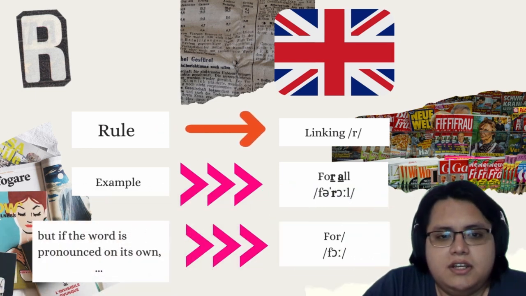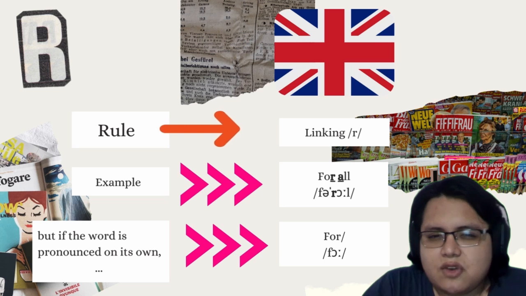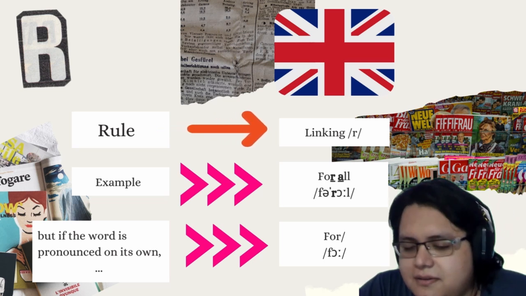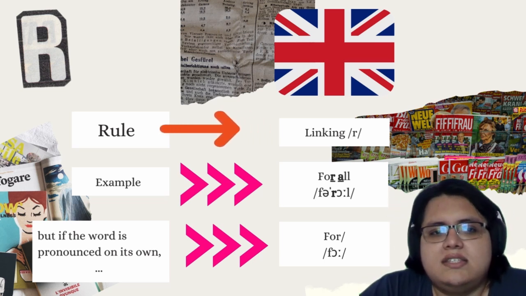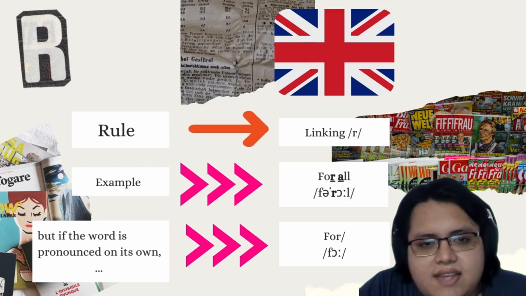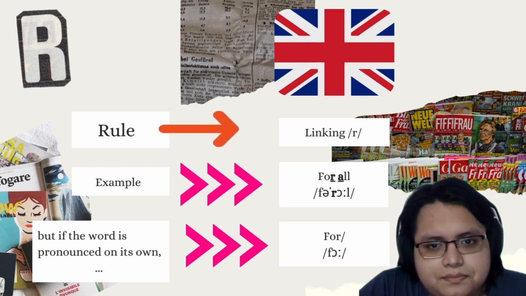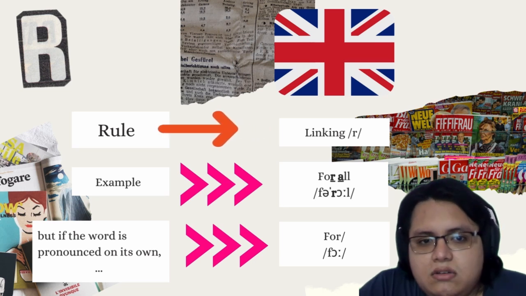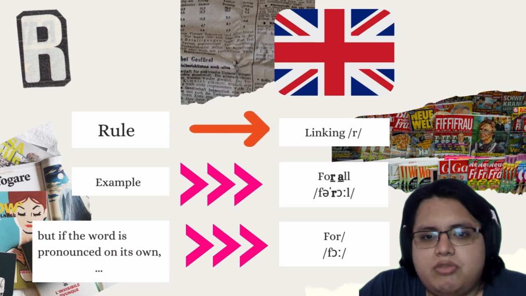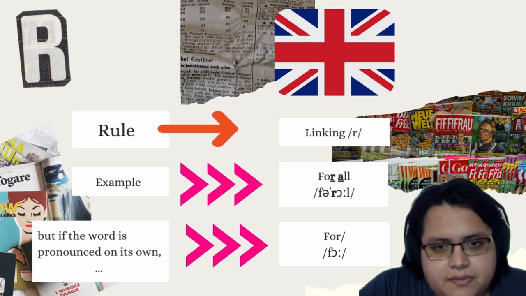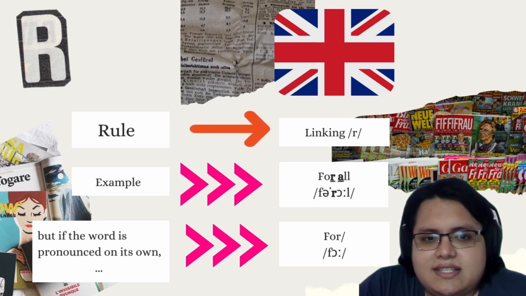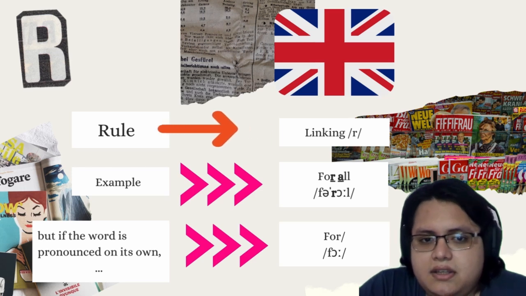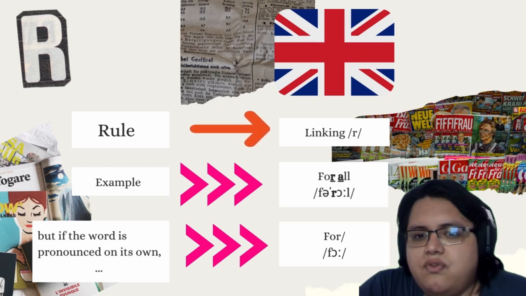In British English, there is a rule which is linking R. The rule is if a word is spelled ending with an R and the next word begins with a vowel sound, the R will be pronounced. As you can see in the example in this slide, that phrase will be pronounced like "for all".